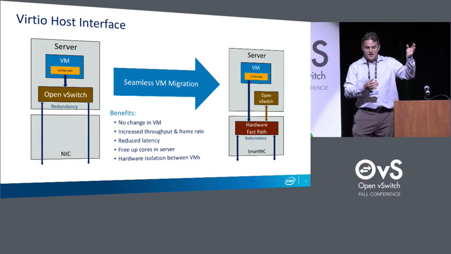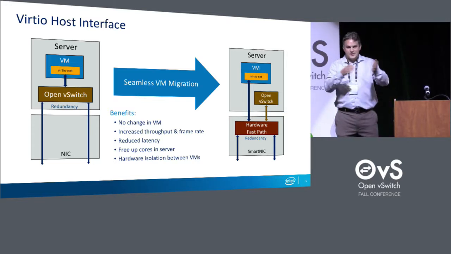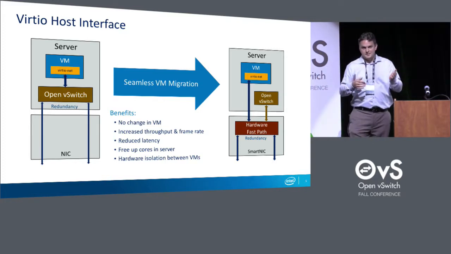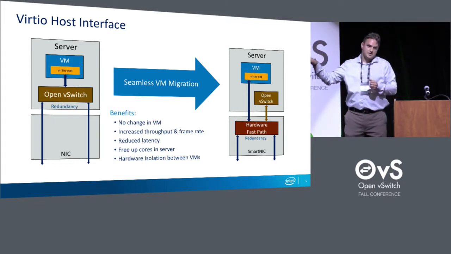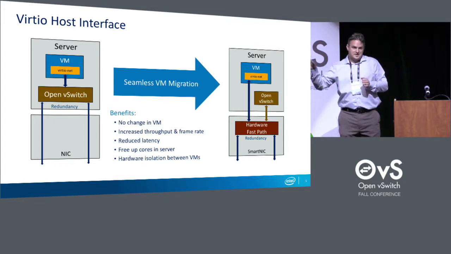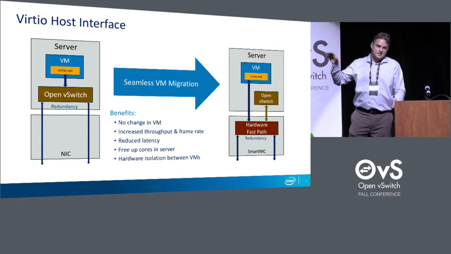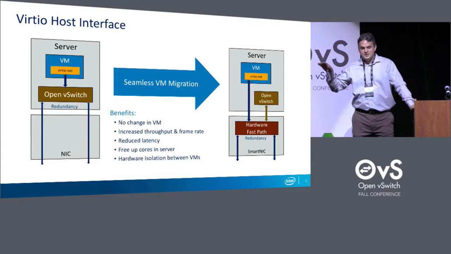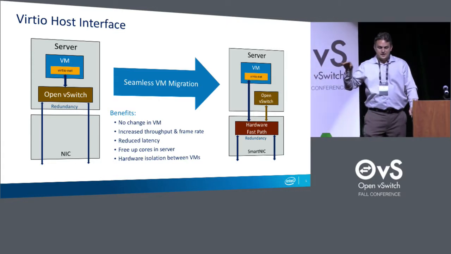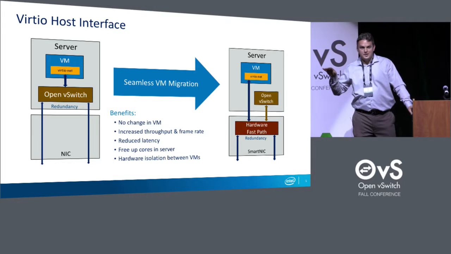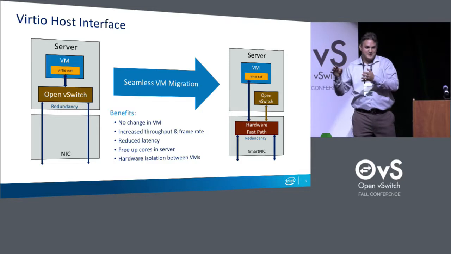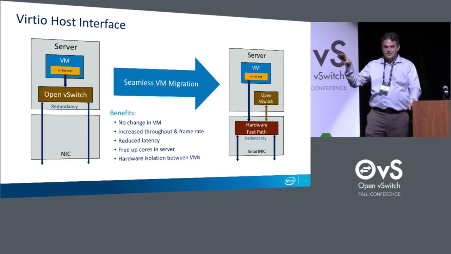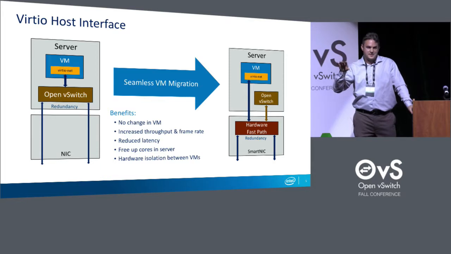Just like in my regular life where I'm live migrating them all the time for different reasons, I just want to live migrate those existing VMs over to a new server, and the VM doesn't know it, but that server is a lot cheaper for me to run because I'm using fewer cores, and I can also support a much higher throughput and a lower latency on that VM. I may choose to monetize that or not, but I get the benefits of hardware offload without having my end customer change their VM.